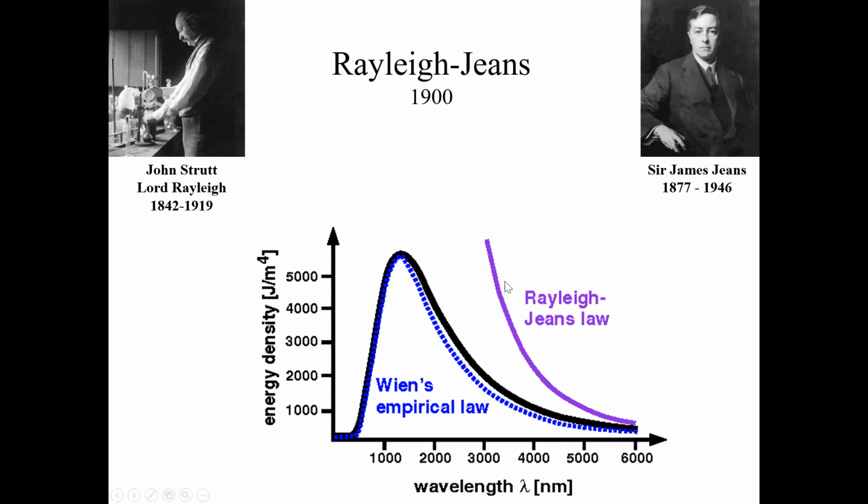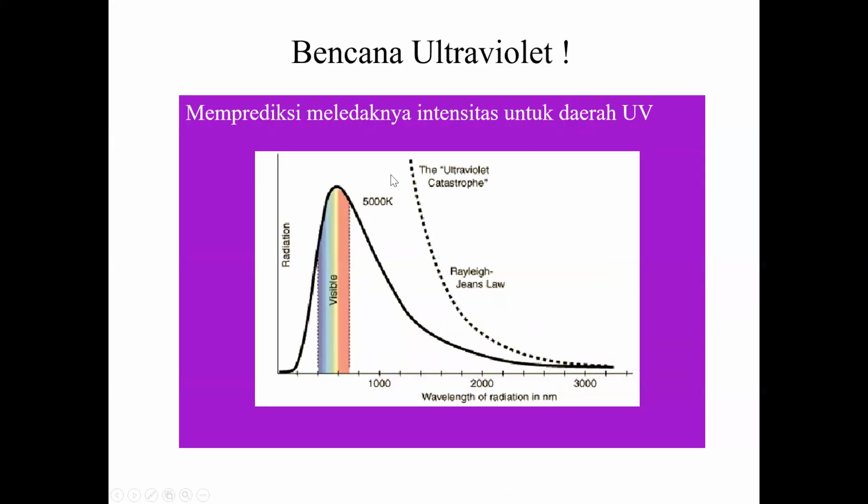But their theories failed as lambda becomes shorter. We call this the ultraviolet catastrophe. Somehow we have to modify the theory.